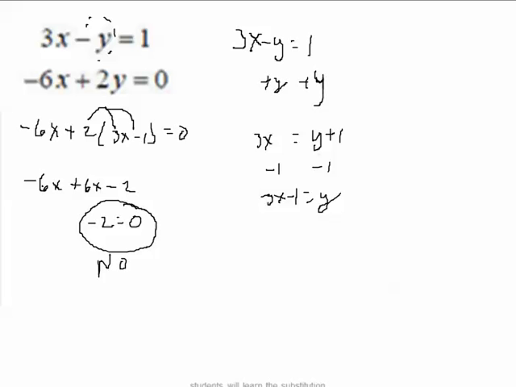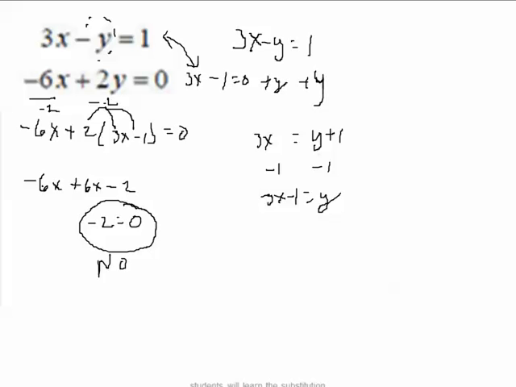Did we do something wrong in our equations? No, not really. And what I want to show you is if I divide this by negative 2, divided by negative 2, what am I going to get? I'm going to get 3x minus 1 equals 0. Look at these two equations.